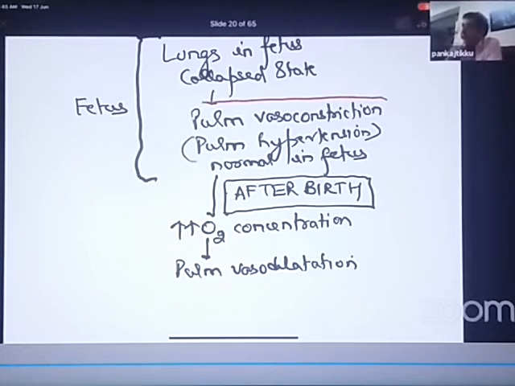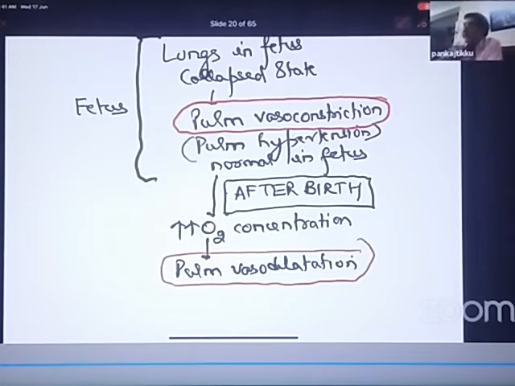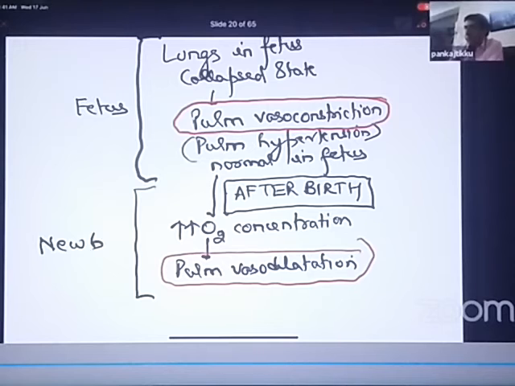It was pulmonary vasoconstriction in the fetal state, and it becomes pulmonary vasodilatation in the neonatal state. That means after birth, there is pulmonary vasodilatation.